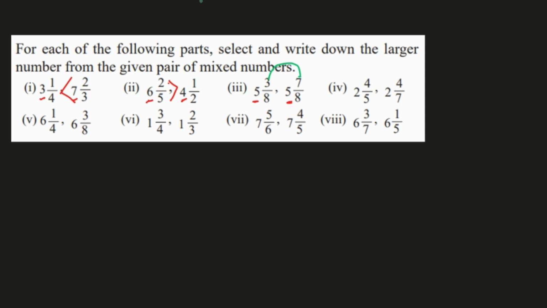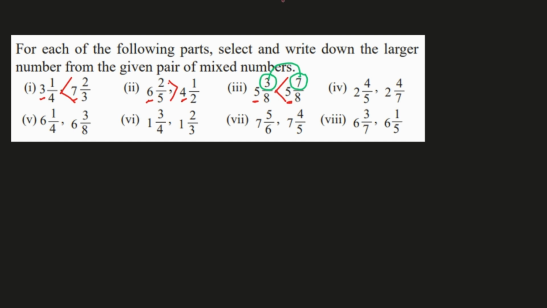So in such cases, you have to compare the numerators. So the two numerators are 7 and 3. Now you know that if the denominators are equal, then you are comparing the numerators. The proper fraction which has the larger numerator is the larger fraction as well. So we can tell that 5 and 7 upon 8 will be greater than 5 and 3 upon 8.